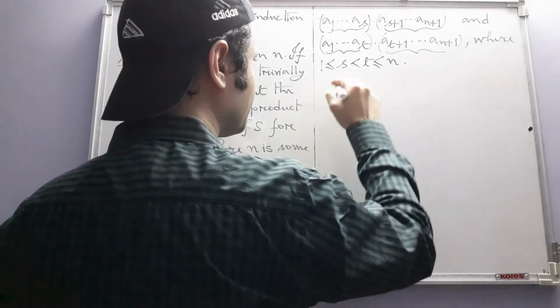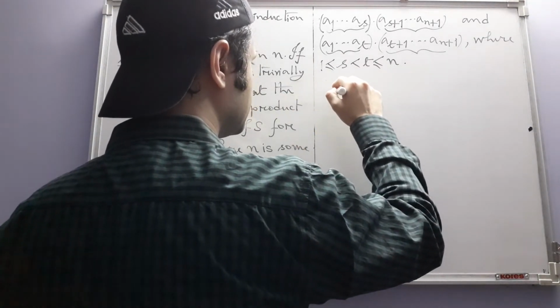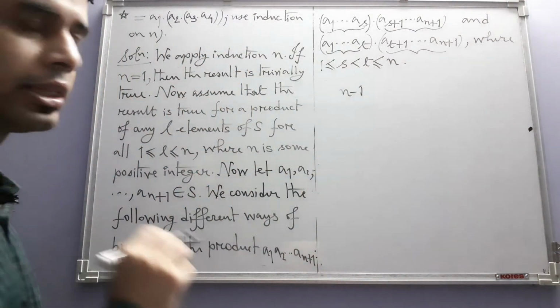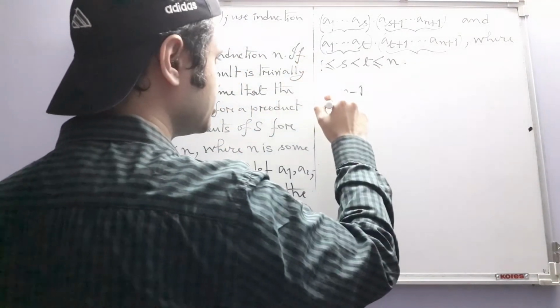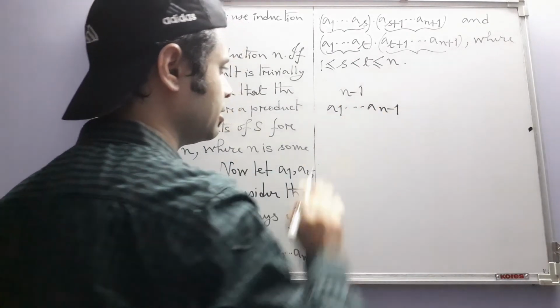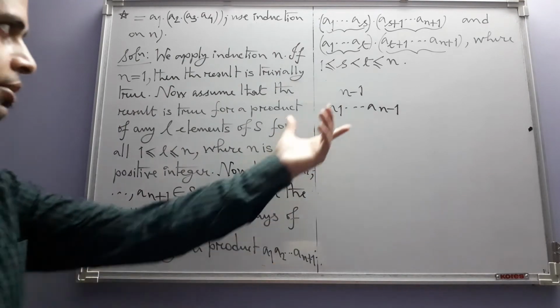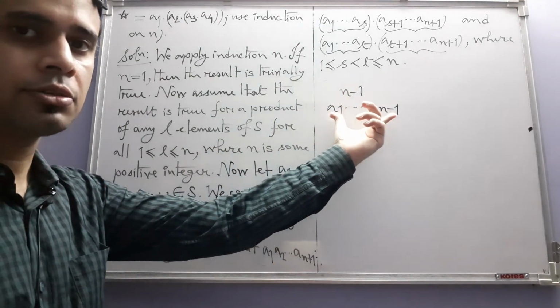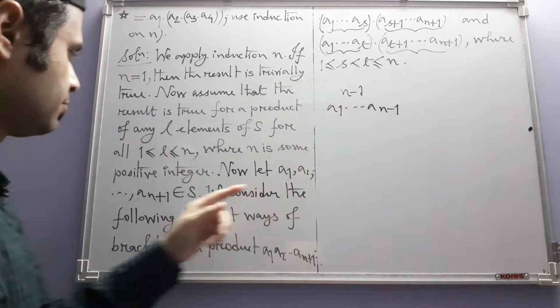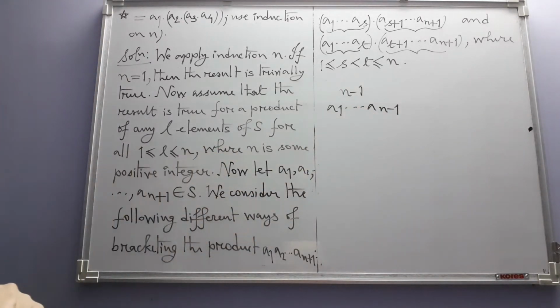So the maximum value S gets is n minus 1. Now for that value of S, if we look at this product A1, A2 up to An minus 1, this product does not depend on the way we bracket it because of our induction hypothesis.